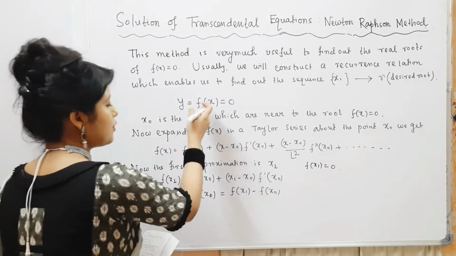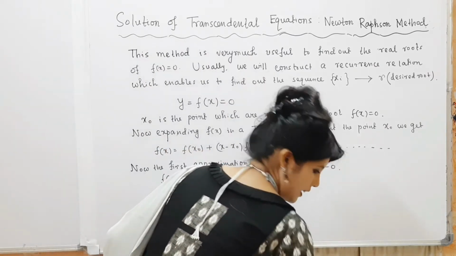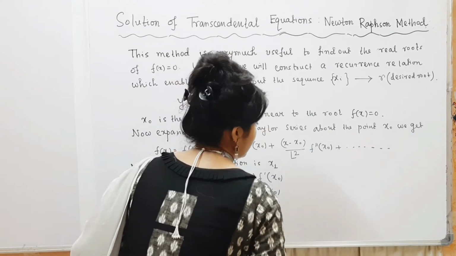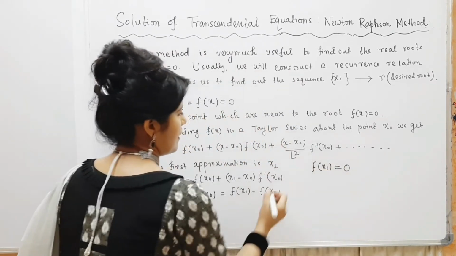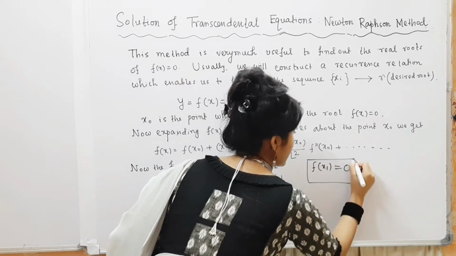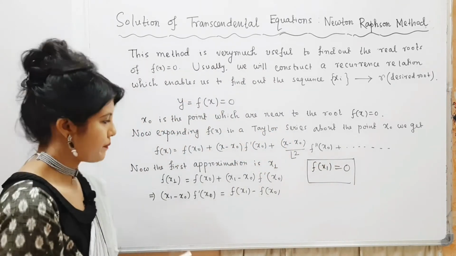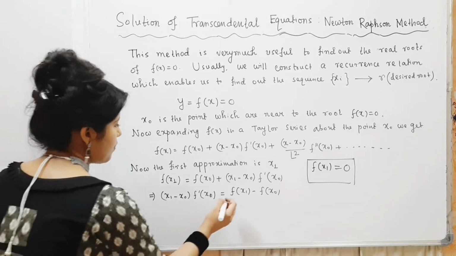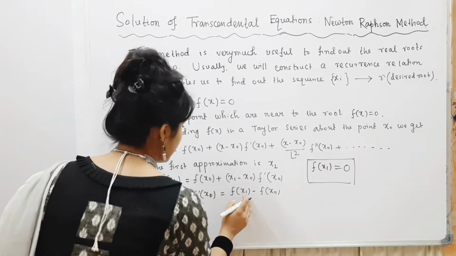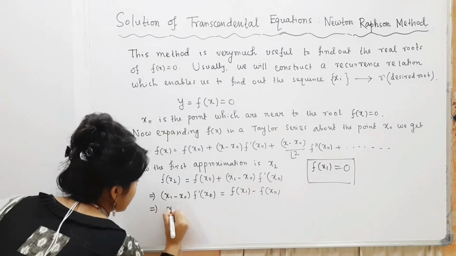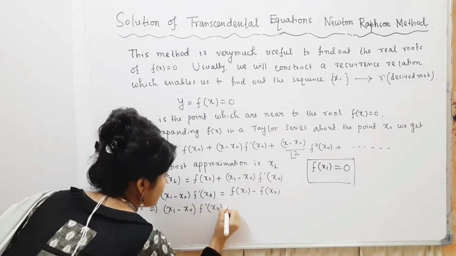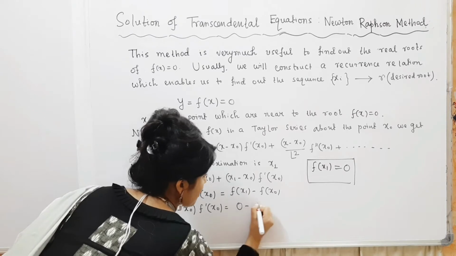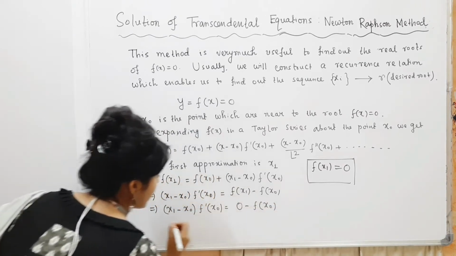For any root of the equation, f should be equal to 0. So f of x1 is 0, and it gives x1 minus x0 into f dash x0 equal to 0 minus f of x0.